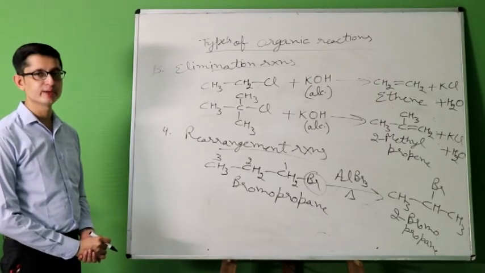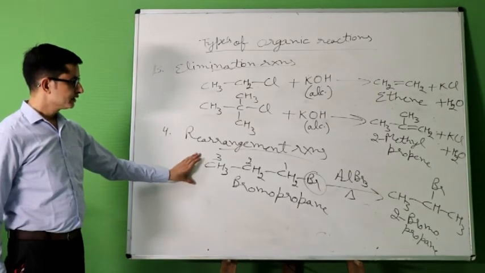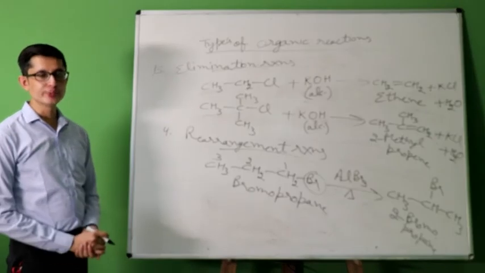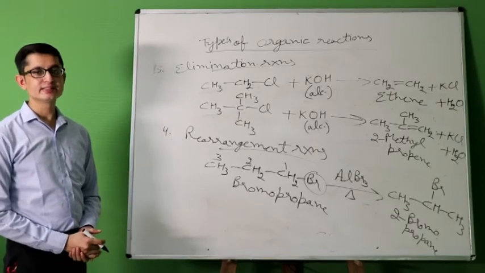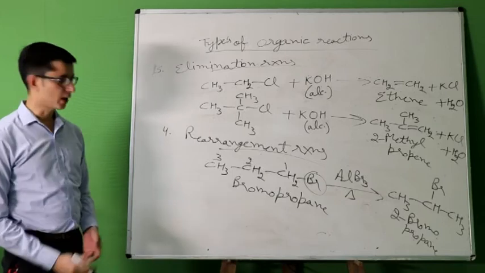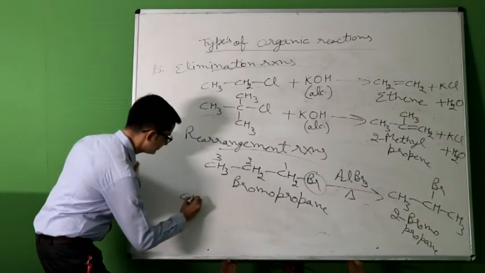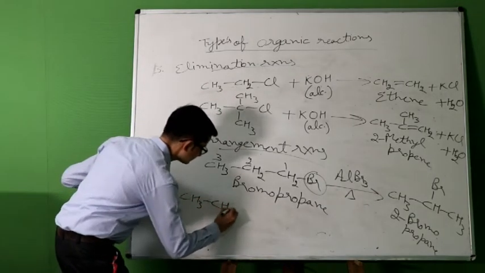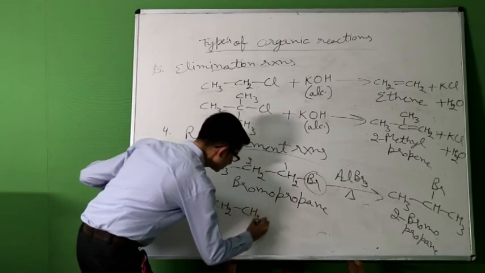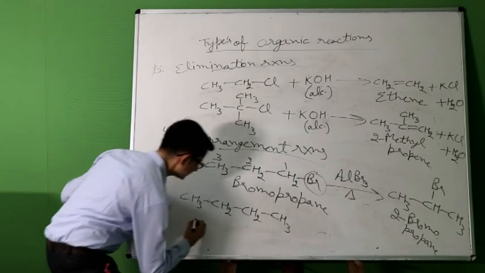Sometimes in rearrangements, there is a whole rearrangement of the molecule, or we can say there is a change in the skeleton of carbon atoms. Let's say we have n-butane.